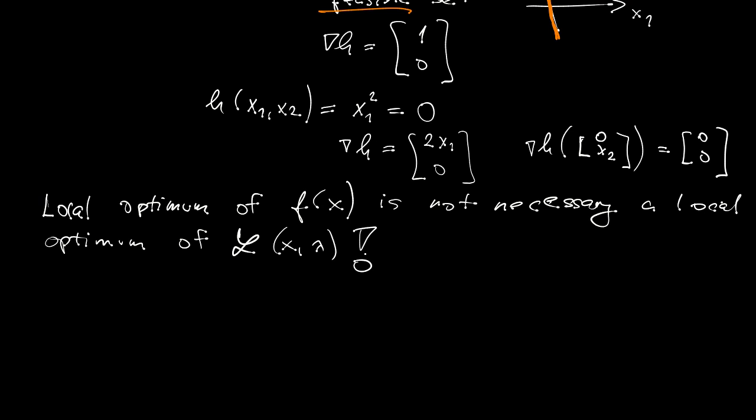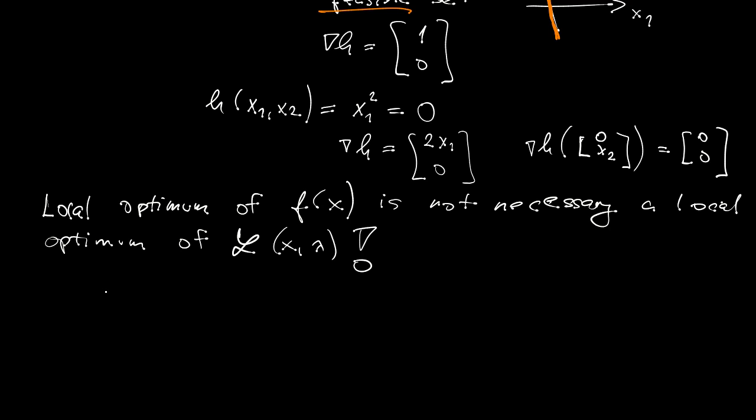Strictly speaking, what we are after when working with the Lagrange function is just the critical point or stationary point. We are not really trying to minimize the Lagrange function. We only want to find its critical point.